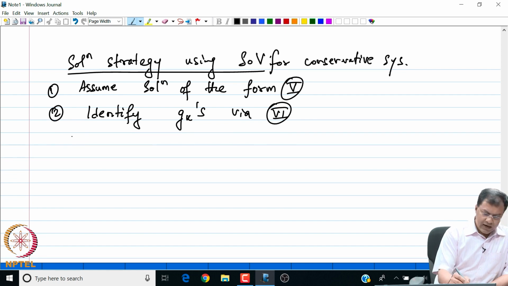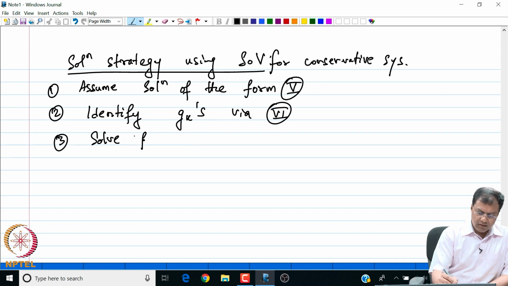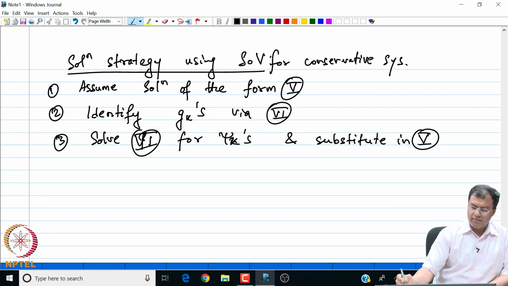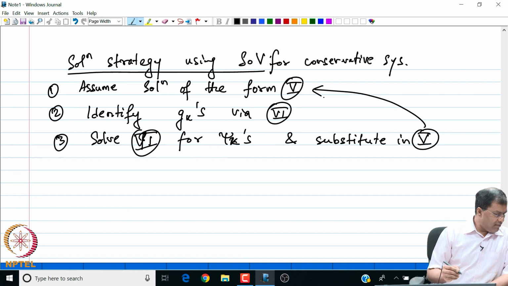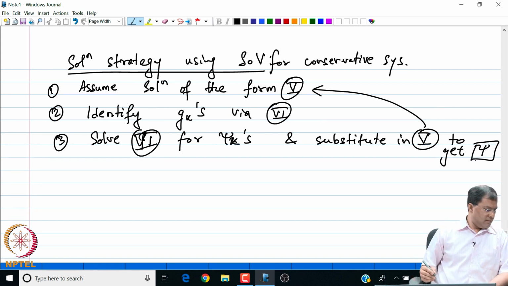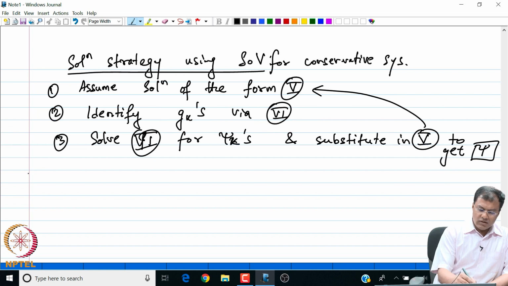So, once we have identified G case, we solve 6 for psi case, and substitute in our equation 5 here to get our generating function psi, which is what we are after, right, which is the solution of the reduced Hamilton-Jacobi.